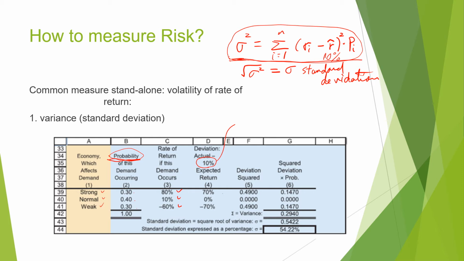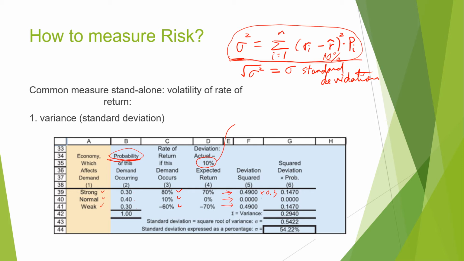And then you square these numbers, then you get 0.49, 0, and 0.49 here. And then multiply by probability. Then multiplied by 0.3. That's probability of having a strong economy, right? And then you get this number.